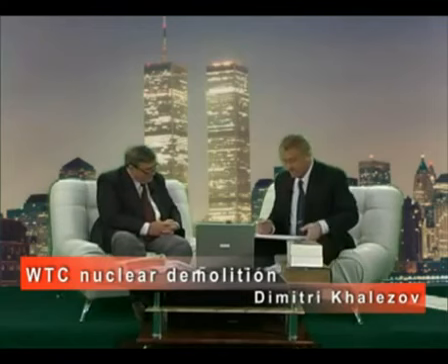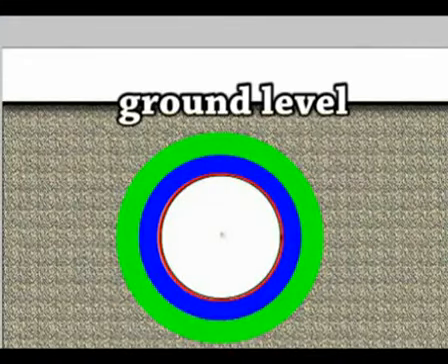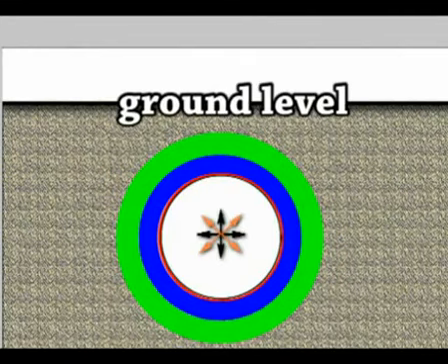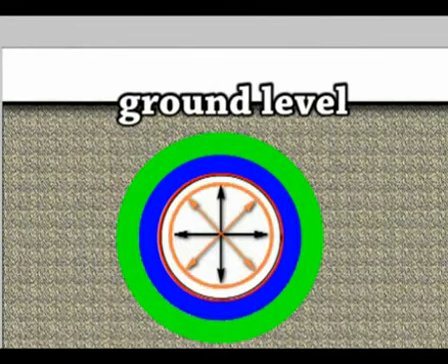Okay, so now, as you can understand this, I want to explain about the destructive factors of the underground nuclear explosion. So this is the level of the surface, and this is our underground nuclear explosion. As you can see, there was no thermal radiation, because it was underground, there was no air around. There was no air blast wave, because there was no air around.